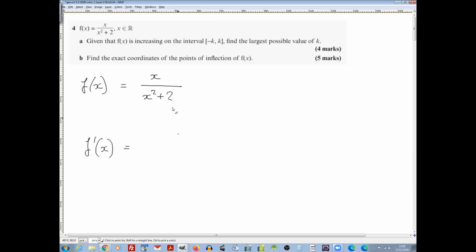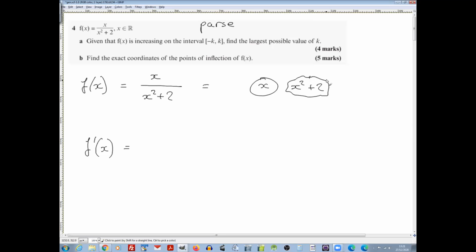Okay, so how shall we pass this in order to differentiate it? We could say that's x times x squared plus 2 to the power of minus 1. Absolutely.